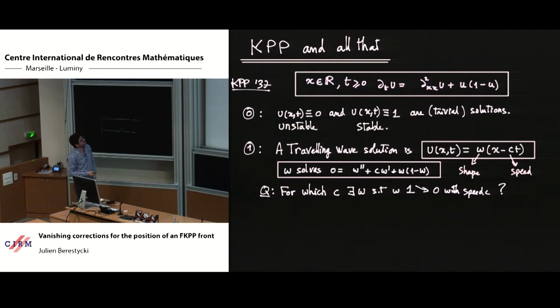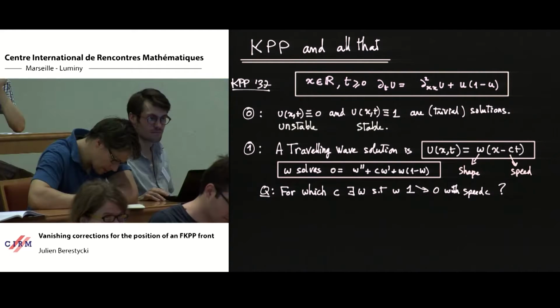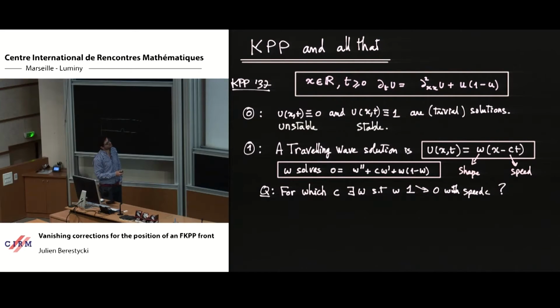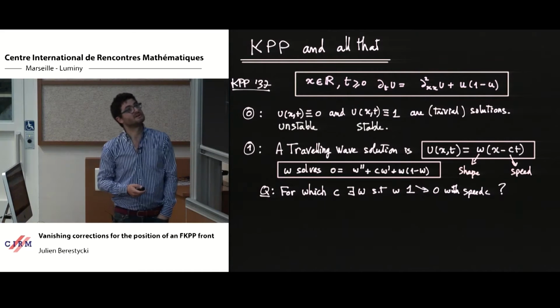Okay? So maybe the first very interesting thing you can say about this equation is that it is going to have a traveling wave solution. So what is a traveling wave solution? It's a solution of the form u(x,t) is simply some function w(x − ct). What this means is that the solution to the equation is a constant shape w, which is moving to the right at speed c, okay, velocity c.